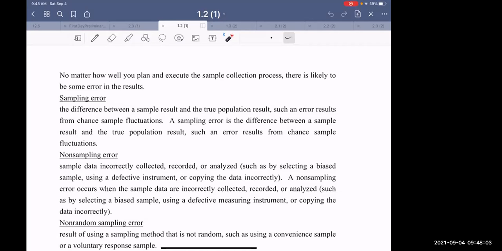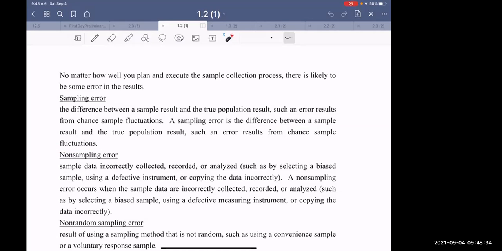We're not all clones of each other. So there's a little bit of fluctuation, and that's just due to random fluctuations. And so that's a sampling error. It arises from the fact that there's a difference between a sample result and the true result. And this results from just chance sample fluctuations.